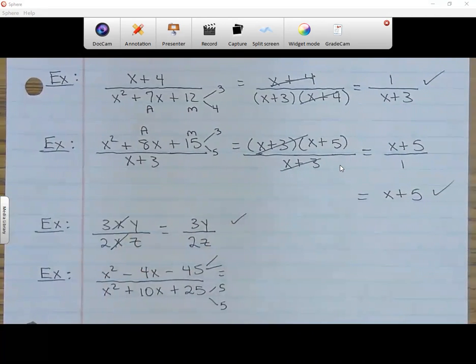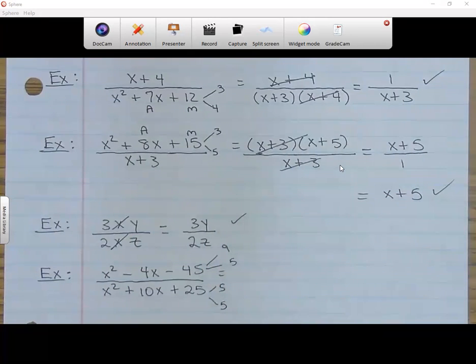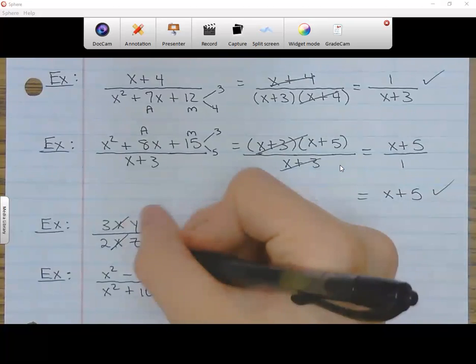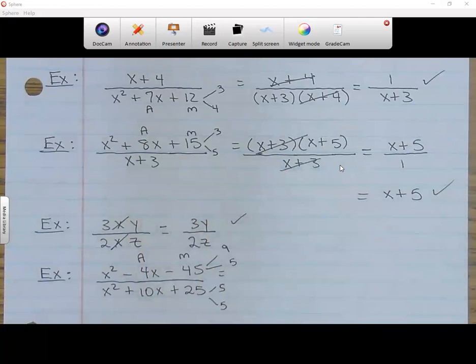How about the negative 45? Can I multiply to that? Yeah, I need a 9 and a 5, right? But I'm multiplying to negative 45. So that means one of those two numbers has to be a negative. And how do we figure that out? We look at the adding number, right? I'm trying to add to negative 4, but multiply to negative 45.